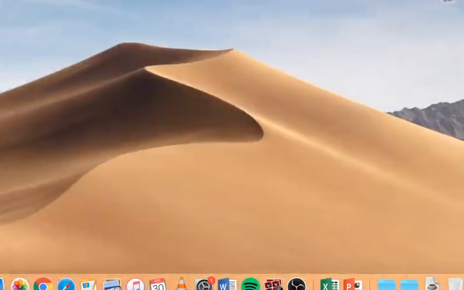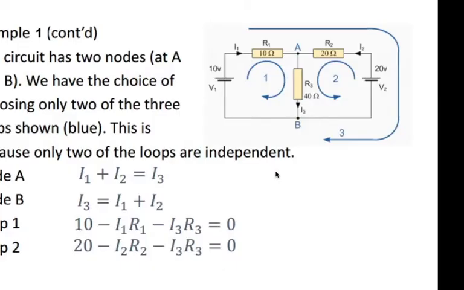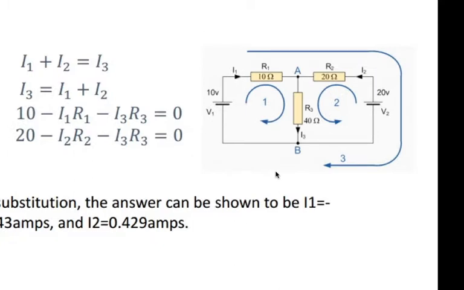Right, and we see that since we have a negative, that means that we just assumed the direction of I1 incorrectly. It should actually be going the other way.